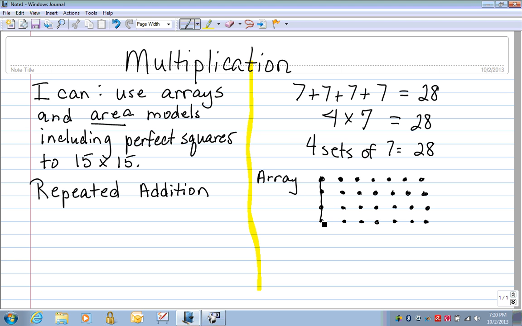If I were to enclose this area and make these individual squares, then this array would also represent 4 times 7, which is the area.